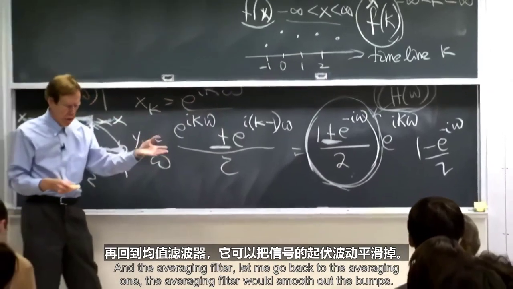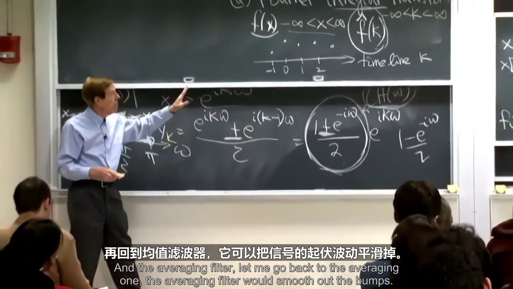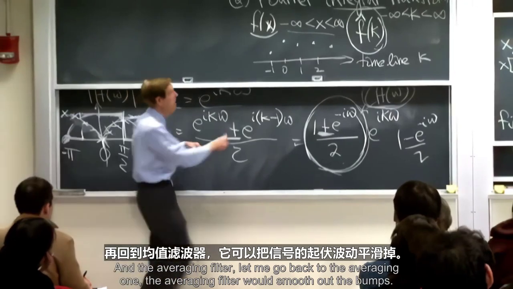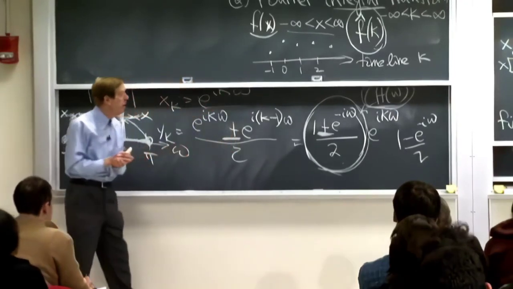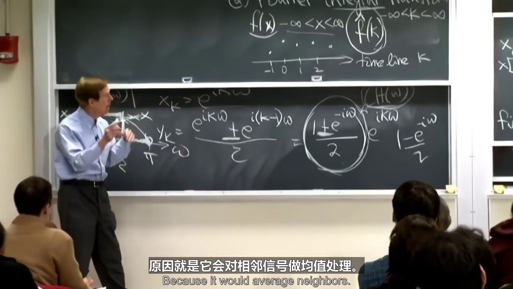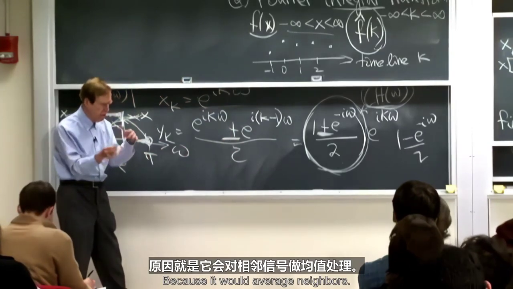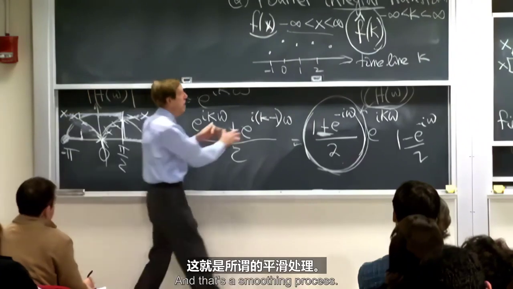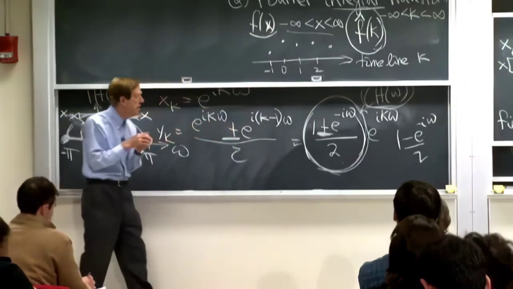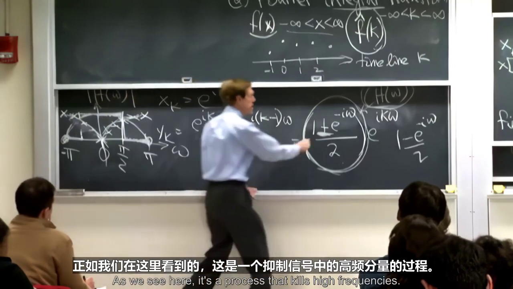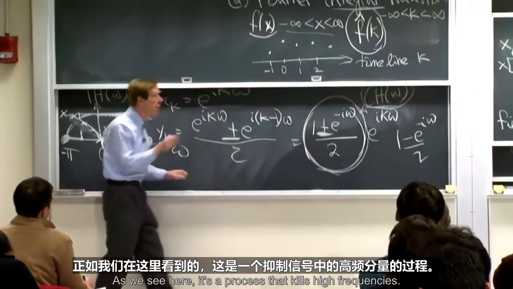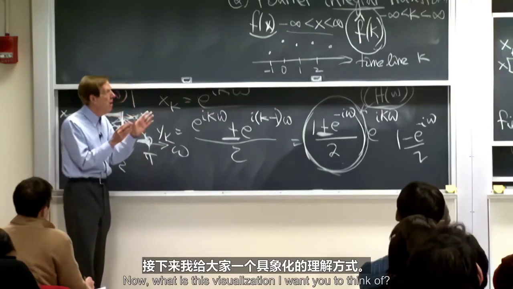And the averaging filter, let me go back to the averaging one. The averaging filter would smooth out the bumps because it would like average neighbors, and that's a smoothing process. As we see here, it's a process that kills high frequencies.